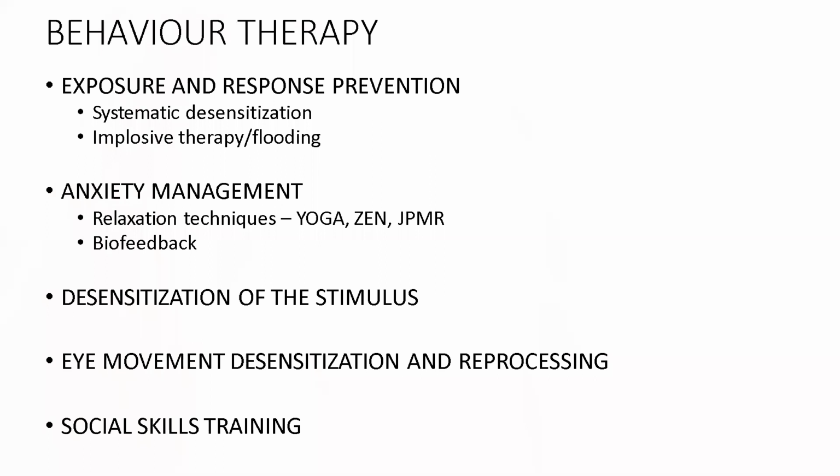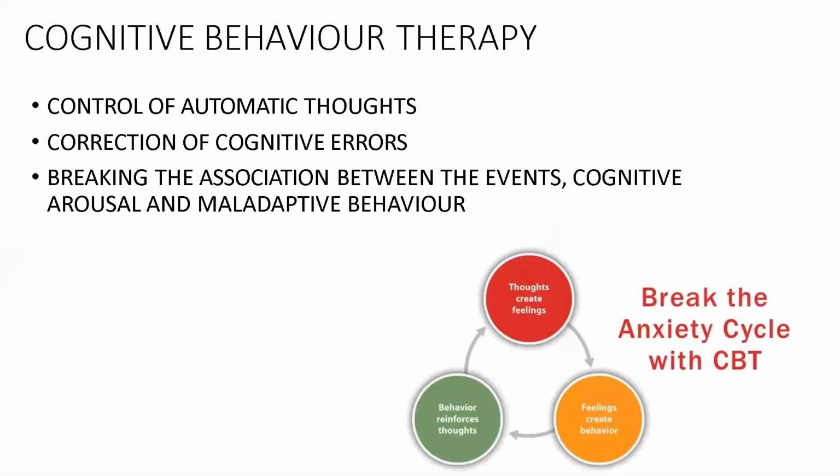And desensitization of the stimulus is done the same as earlier, like exposure. There are also eye movement desensitization and reprocessing, and social skills training. These are a few of the other behavior therapies, which teach how to behave in that way.